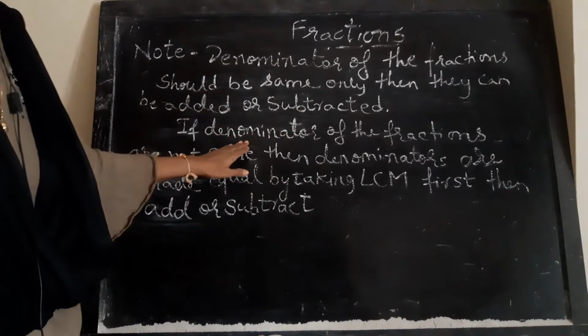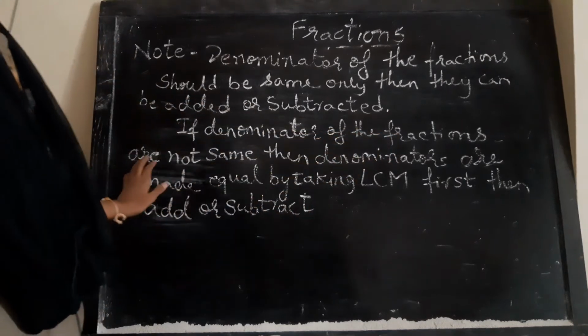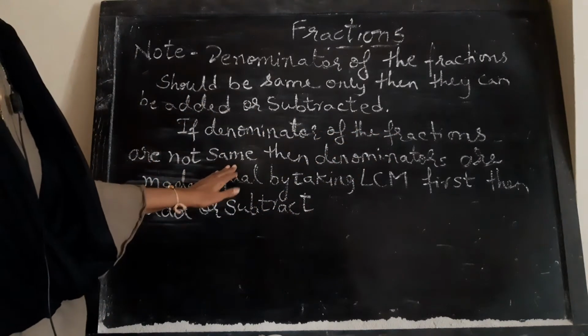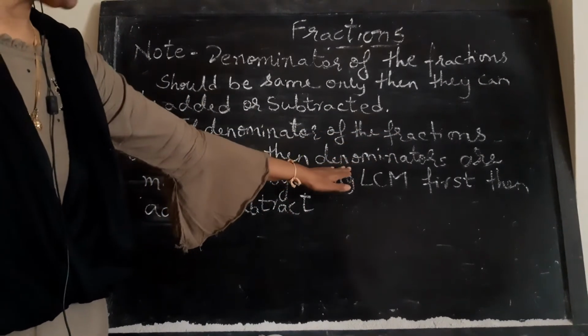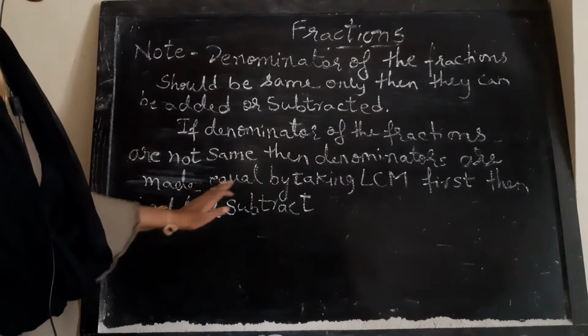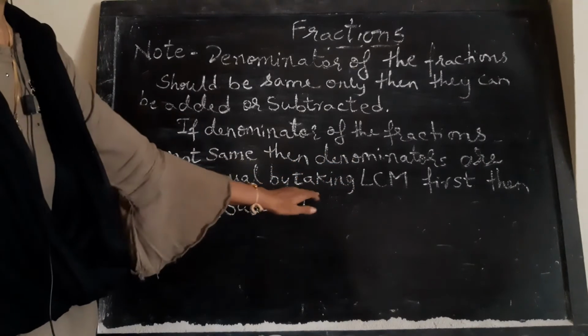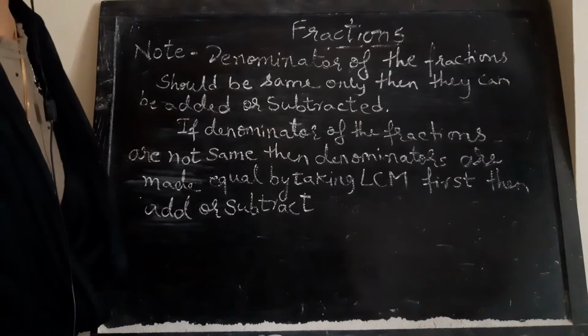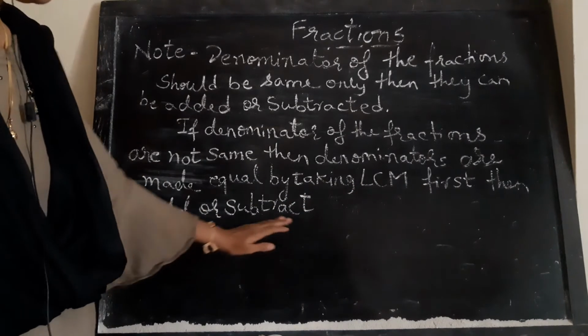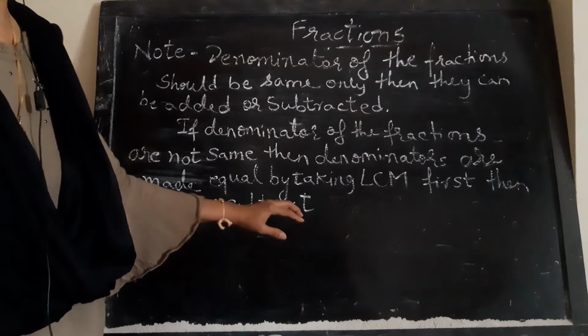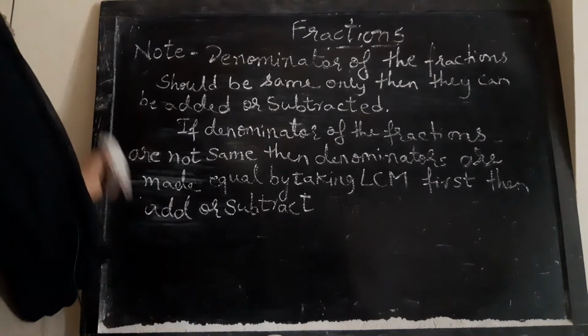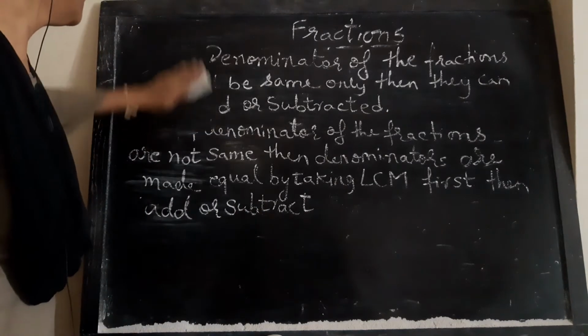If the denominators are not the same, then the denominators are made equal by taking the LCM first, then add or subtract whatever is asked in the question. So we will see a few questions.